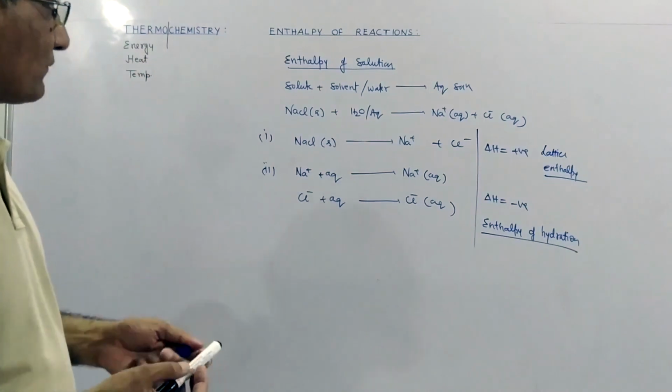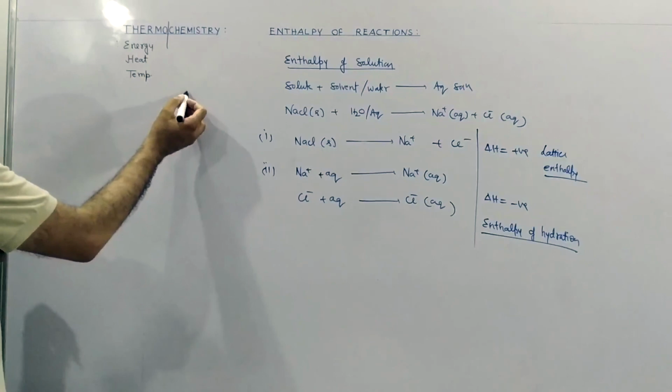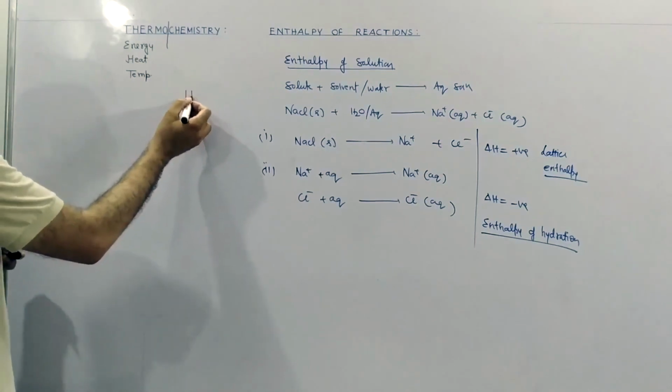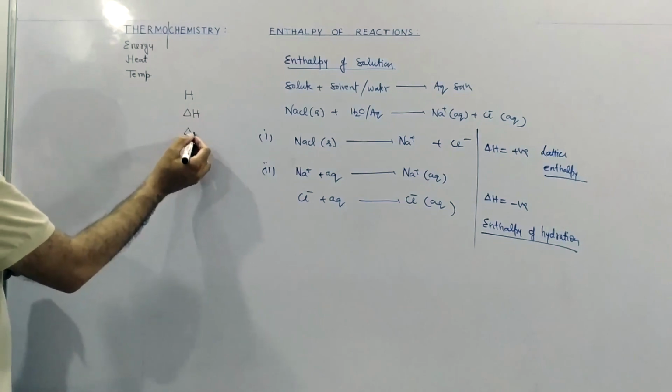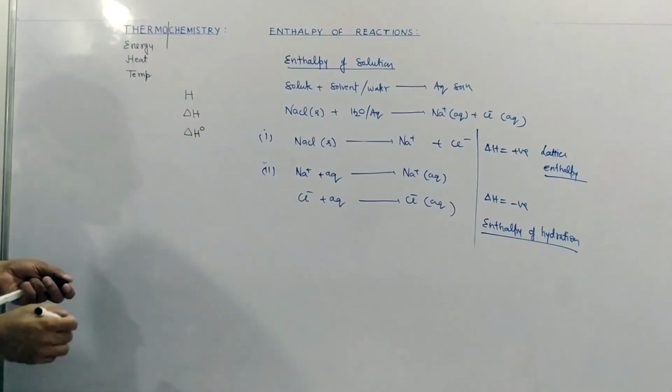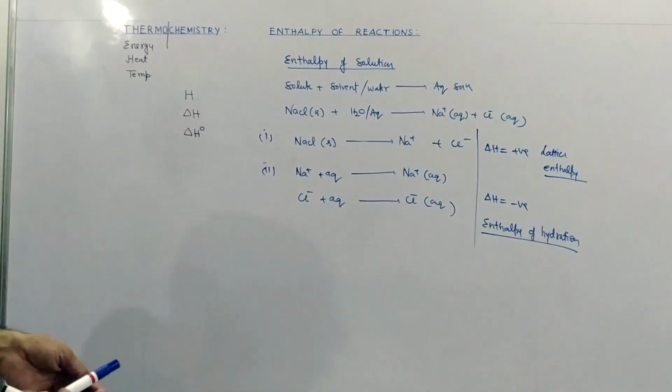Now students, what we discussed in today's class: H is enthalpy, delta H is enthalpy change, delta H naught is standard enthalpy change, and standard enthalpy change means standard temperature 298 Kelvin, standard pressure 1 bar, and elements and reactants in their most stable and standard state.